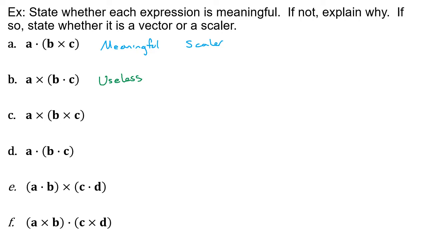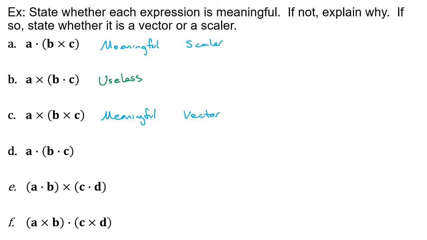The third one, B cross C, is a vector. And I can cross A with another vector. This is good. This is meaningful. And it would actually be a vector, because you're crossing B cross C as a vector, and then I can cross A with that other vector.